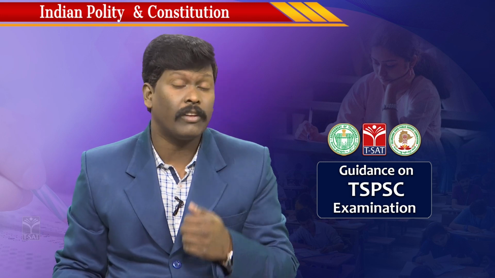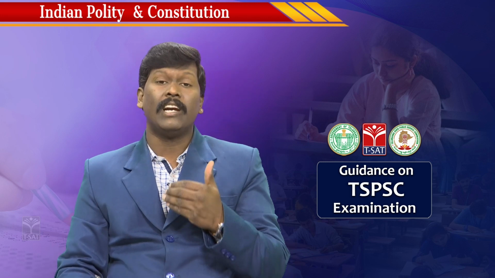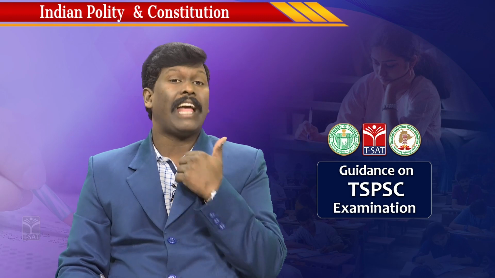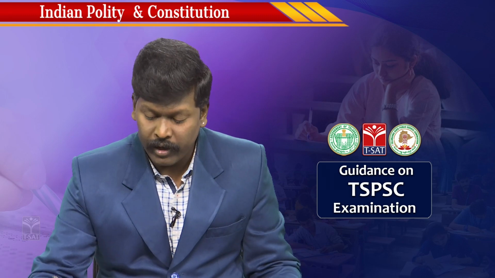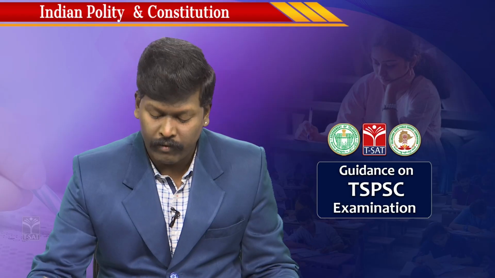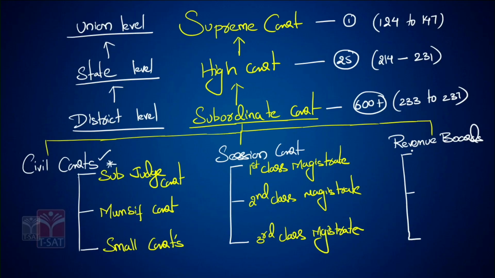The revenue boards, which are linked to tax related matters, are also divided into 3 types, three hierarchies. What are they? The first one is the commissionerate court. The second one is the collectorate court.